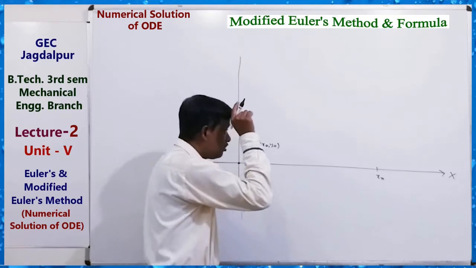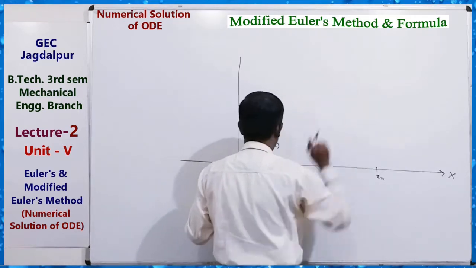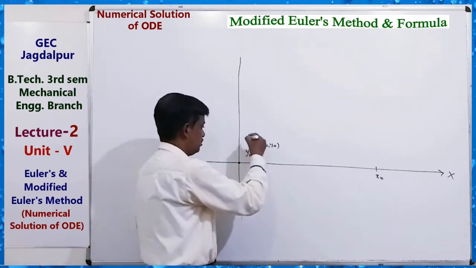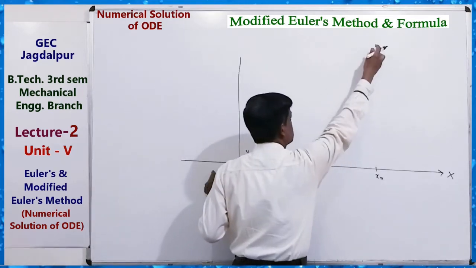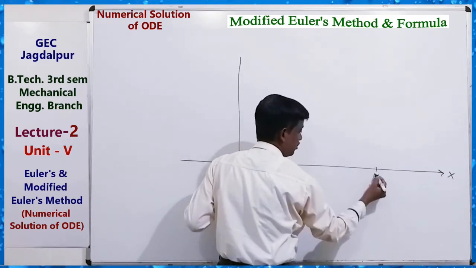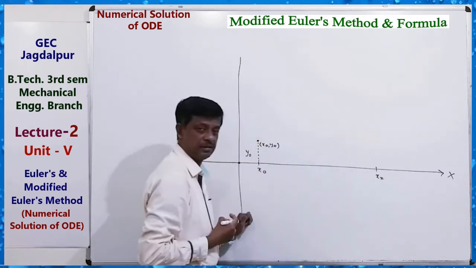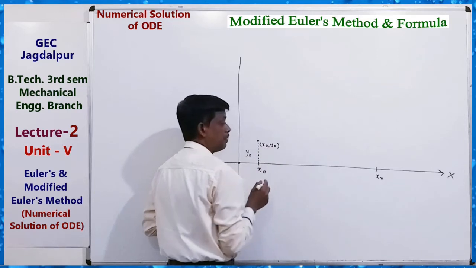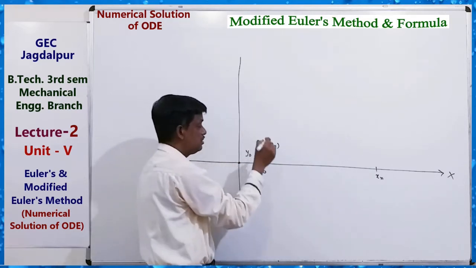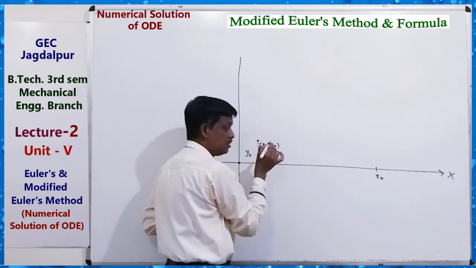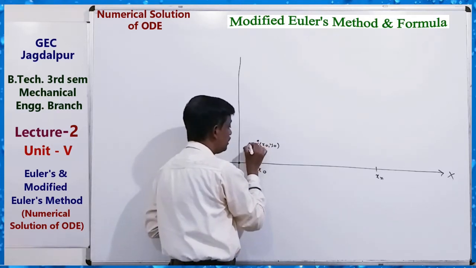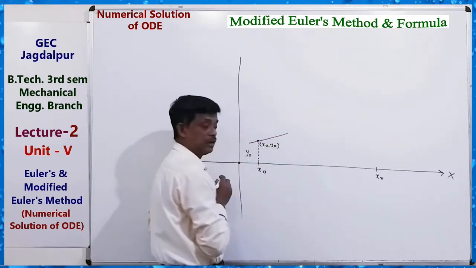The curve of the solution will pass through the point xn, yn. So for going to the target point, what do we use in Euler's method? The tangent to the curve.